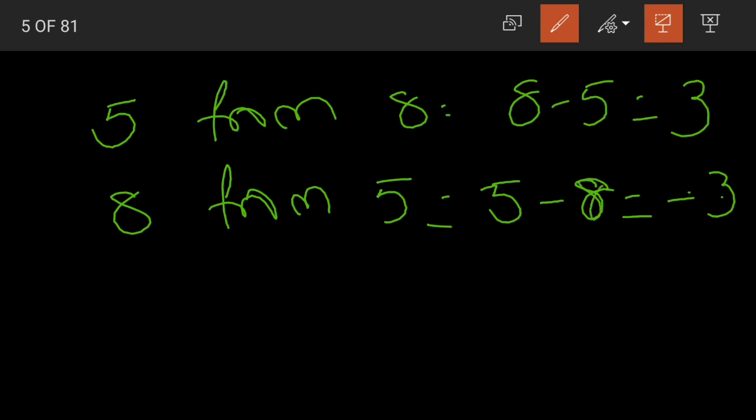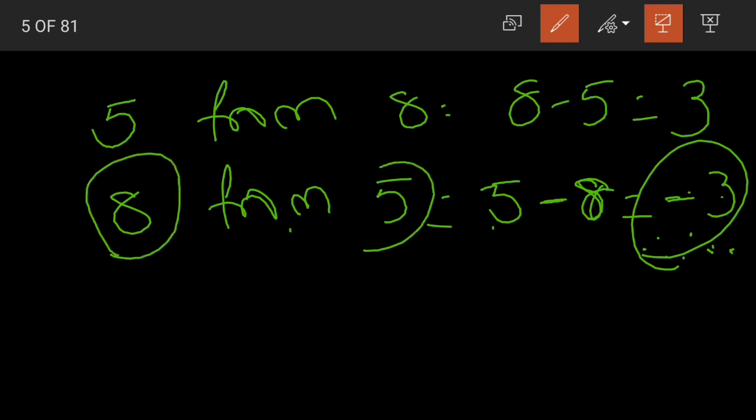We are subtracting a bigger number from the smaller number, so the answer becomes negative. You will learn more about negative numbers in your future classes. But for now, understand that when we subtract a bigger number from a smaller number, the answer will be negative.